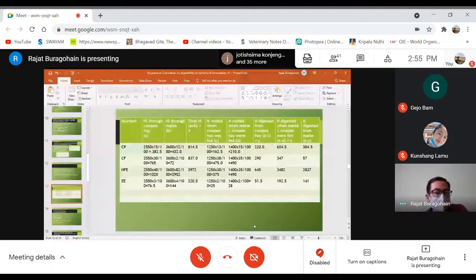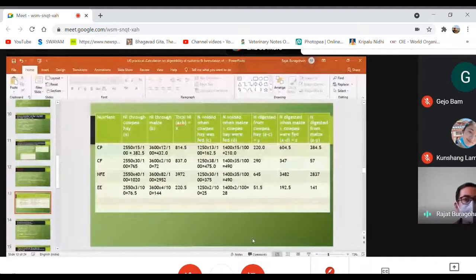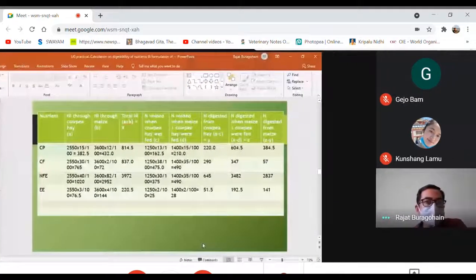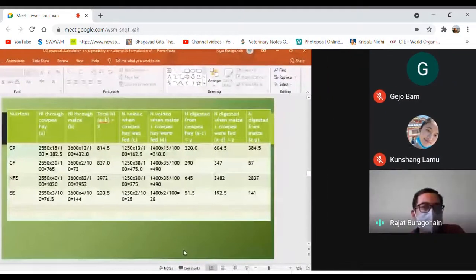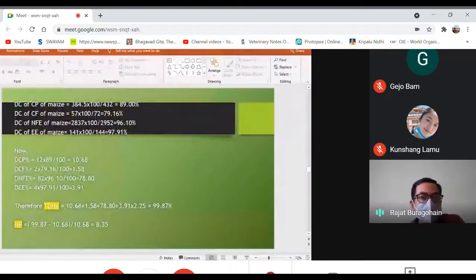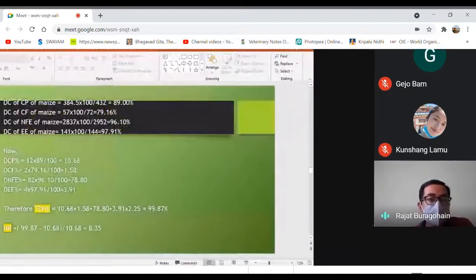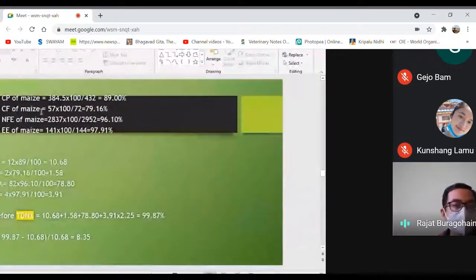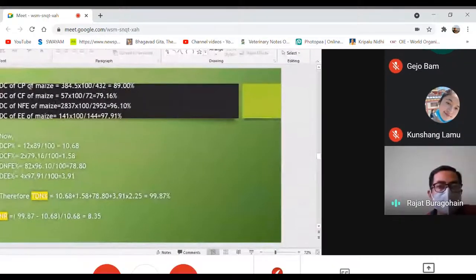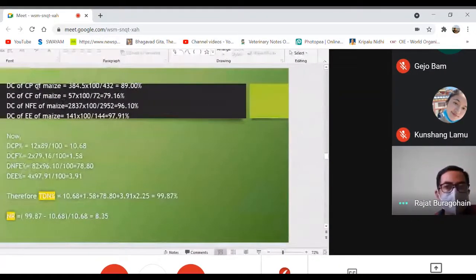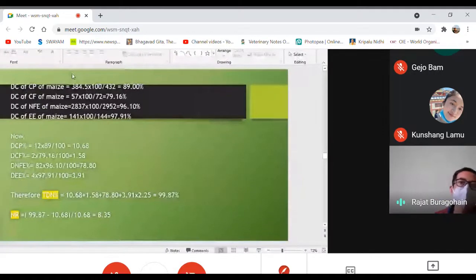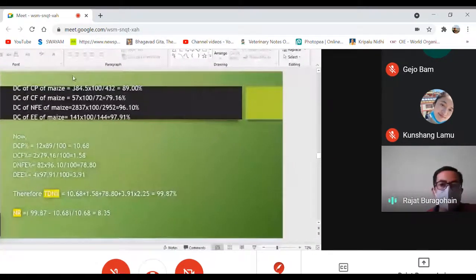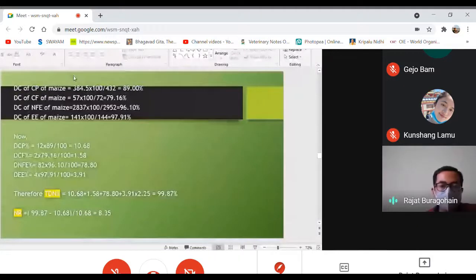Then calculation of now digestibility coefficient of CP of maize, CF, NFE, ether extract like that. Okay. So how can we calculate the digestibility coefficient? Nutrient intake minus nutrient outgo, that means nutrient digested, divided by nutrient intake into 100.